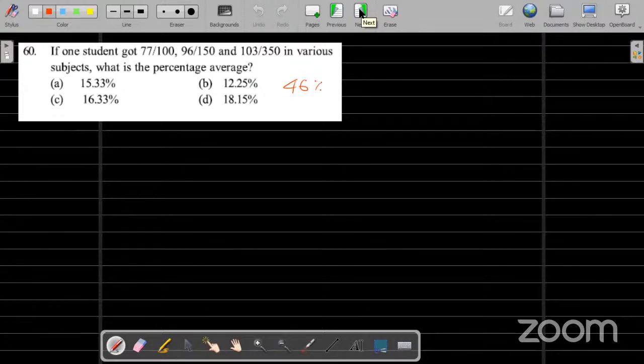Okay, one student got 77 out of 100, 96 out of 150, and 103 out of 350 in various subjects. So the maximum marks are 100 for the first subject, 150 for the second subject, and 350 for the third subject. Total maximum marks are 350 plus 150, 500, plus 100, 600 marks.